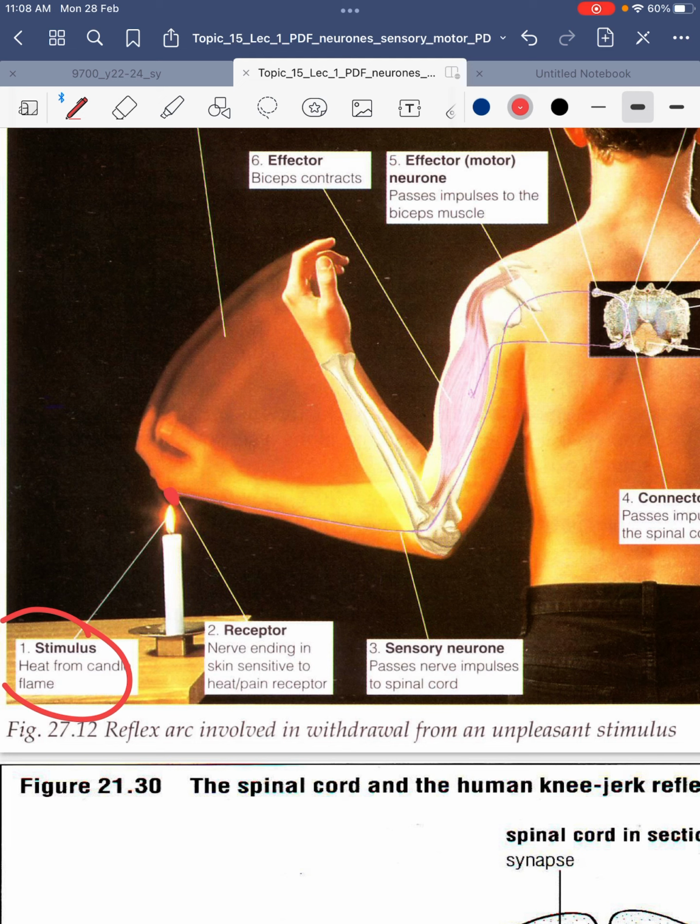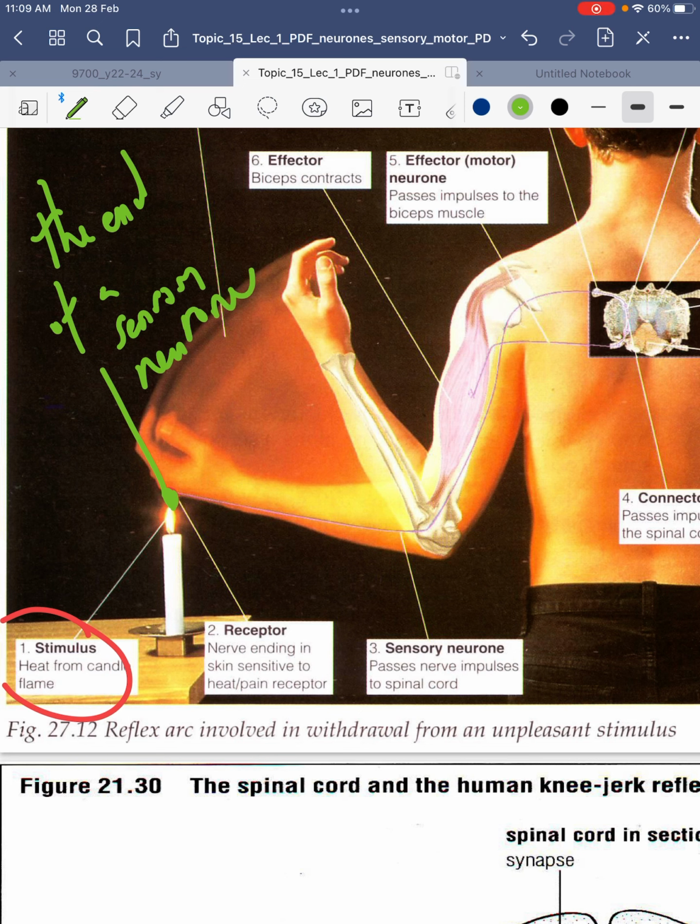It can be a specialized receptor, which we will talk about later on, or it can be the end of a sensory neuron.